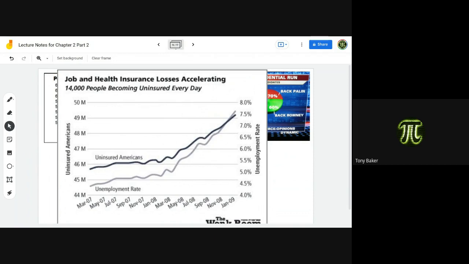What else is wrong with this graph? Okay, so it doesn't start at 0. Look at the right side of the graph. There's another vertical axis, and it also doesn't start at 0.